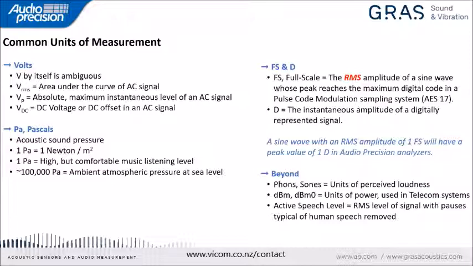This is distinct from volts peak, which is the maximum instantaneous value of an AC signal. And finally, we distinguish that from volts DC. If we're looking at a DC signal, that's the only component, but very often we have AC signals or audio signals that are riding on top of a DC value.